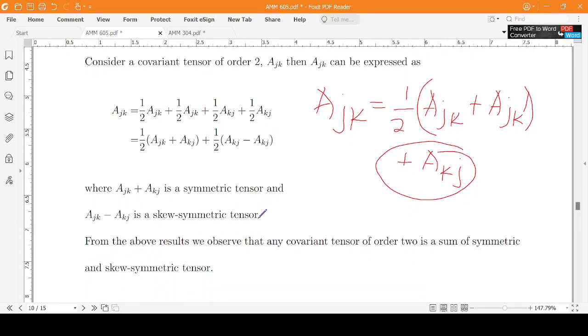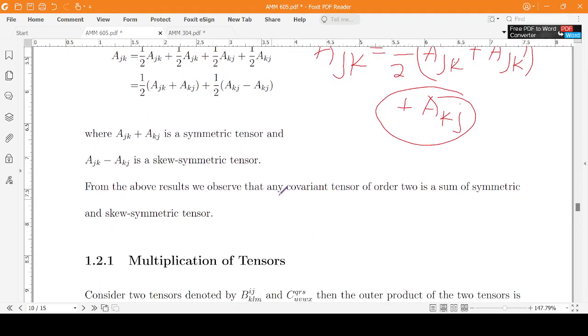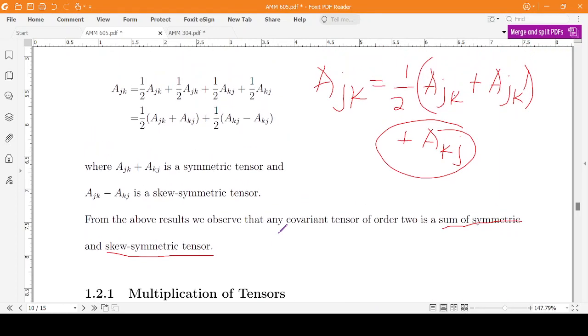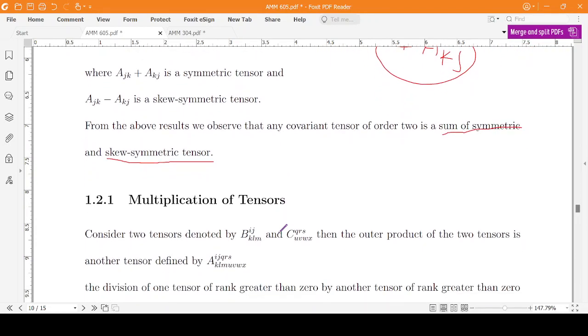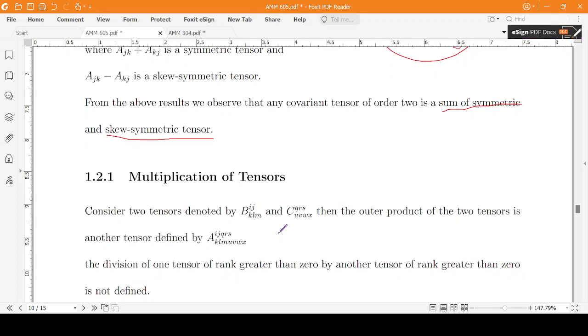So we can always do that. We can break a tensor of order 2 into two parts, one of them being skew symmetric and the other being symmetric.